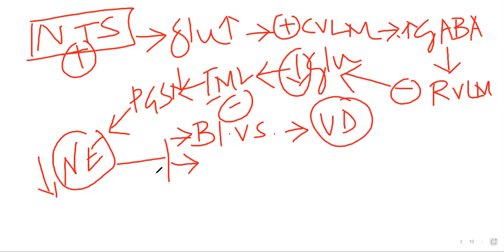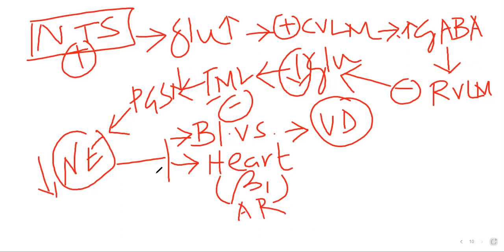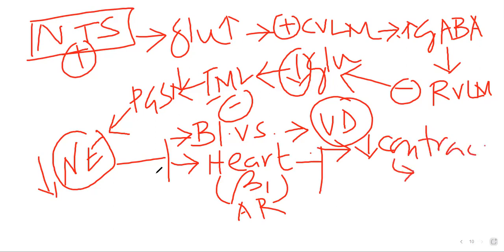Number two, it will work on the heart. When it works on the heart on the beta 1 adrenergic receptor, this lower concentration of norepinephrine will lead to two things. Number one, decreased contractile effect, so decreased contraction of the heart will lead to decrease in the cardiac output.